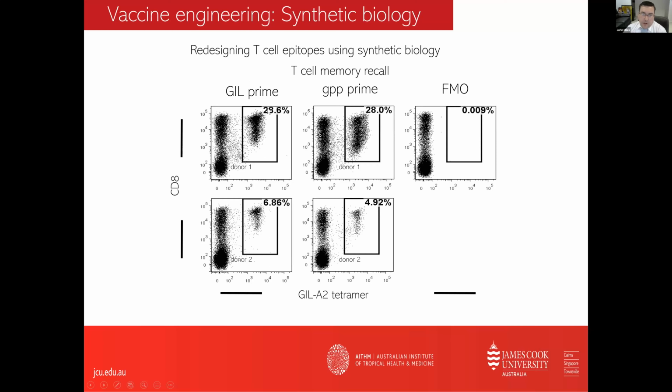In this donor, there was 28%, in this donor, there was 6%. We chucked in GPP, and to our surprise, we found equal numbers of anti-flu T cells.